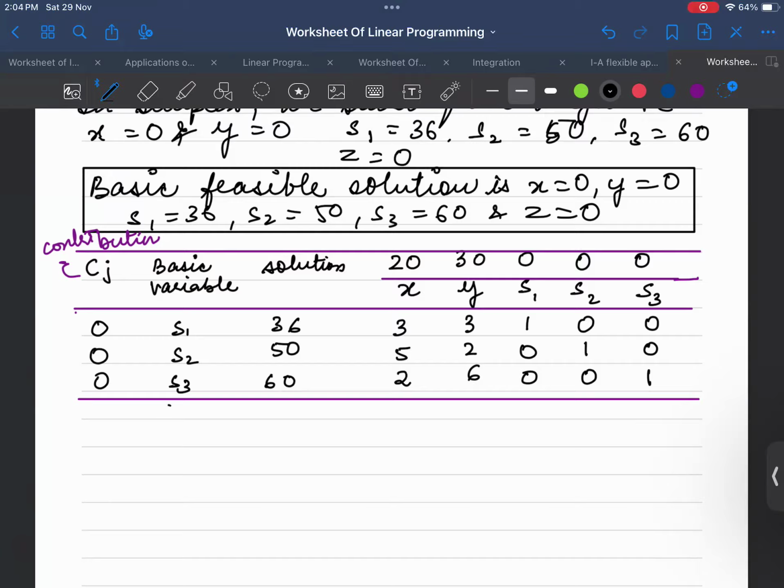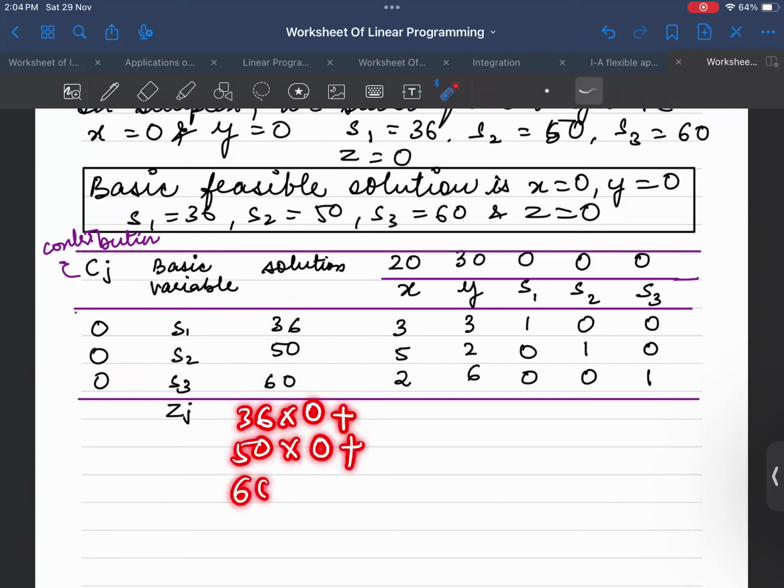Then we write the Z. What would be the profit? We know how we calculate the profit. We calculate the profit by multiplying whatever the solution is by its contribution to the objective function, plus this one, plus this one multiplied. They are contributing 36 multiplied by 0, plus 50 multiplied by 0, plus 60 multiplied by 0, which is 0.